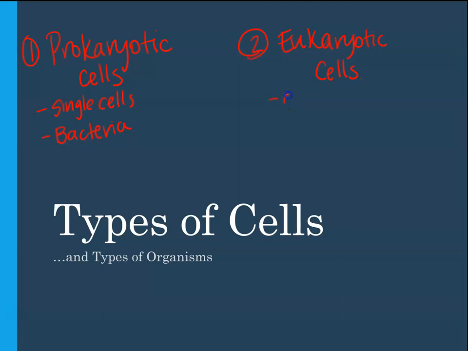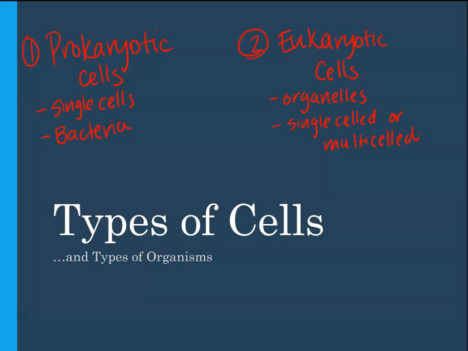Our eukaryotic cells have organelles, so little organs within their cells that perform specific functions. These organisms can be single-celled or multi-celled.